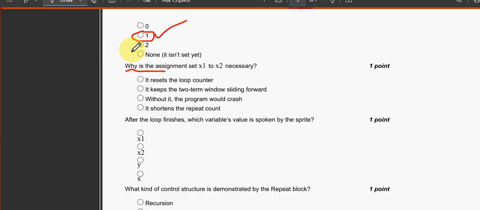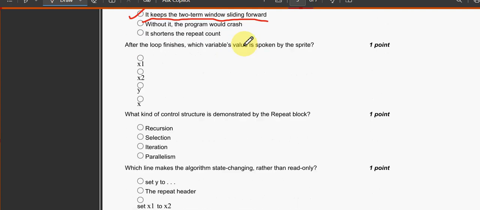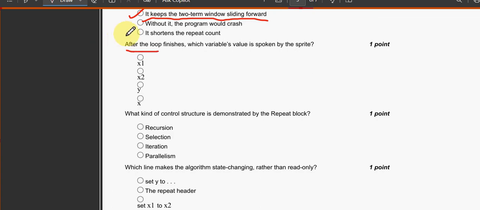Next one, why is the assignment set x1 to x2 necessary? So the probable solution is the second option, guys. It keeps the two-term window sliding forward. Next one, after the loop finishes, which variable's value is spoken by the sprite?